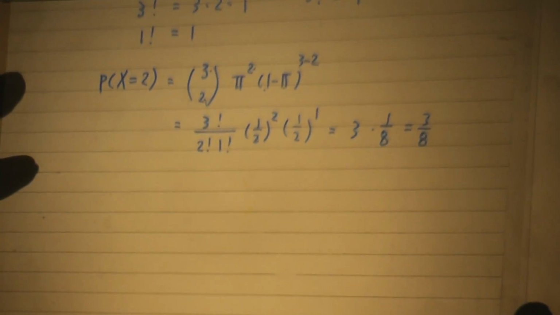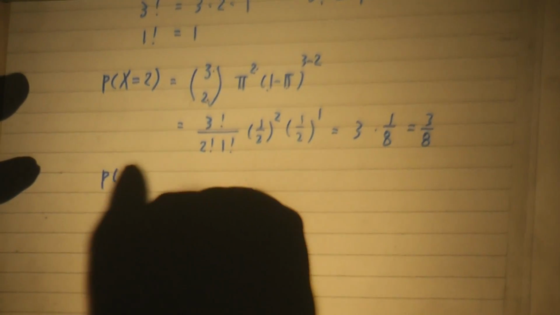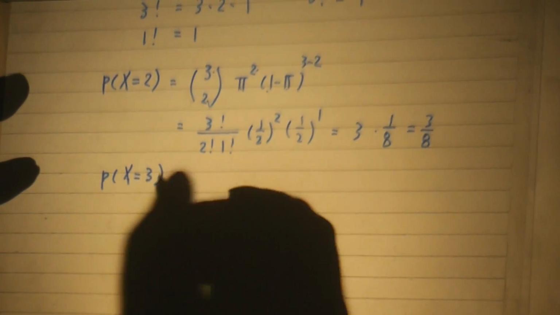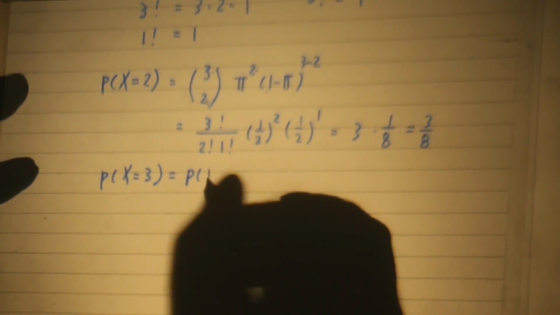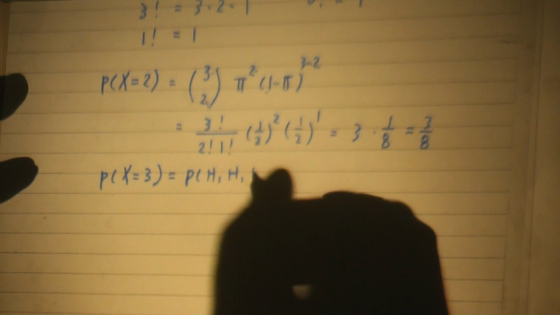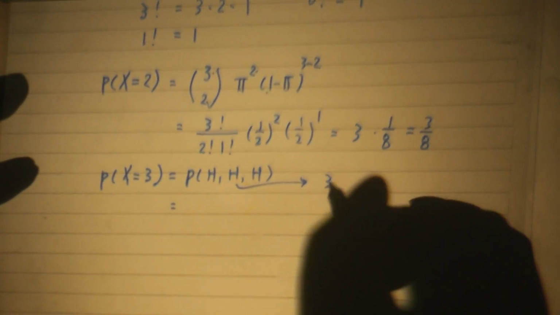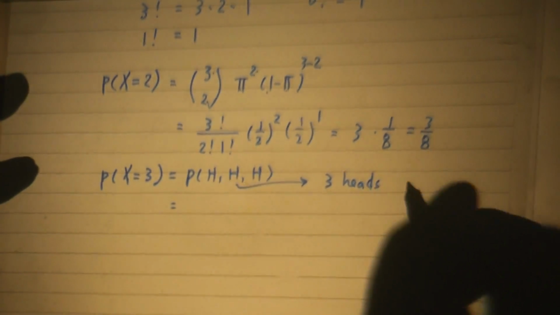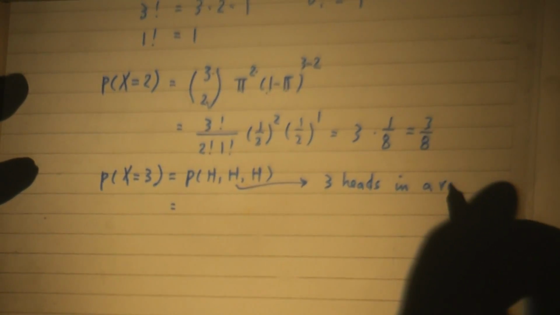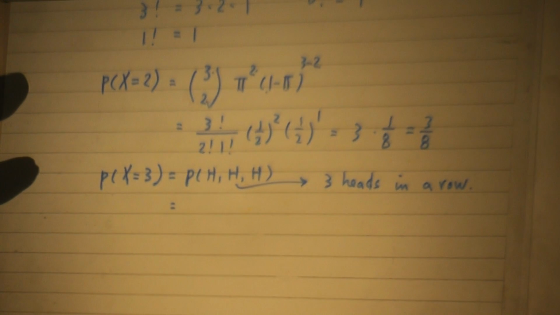And let's look at how likely we see 3 heads in a row. This is head, head, head. 3 heads in a row, okay? How likely do we see 3 heads in a row?